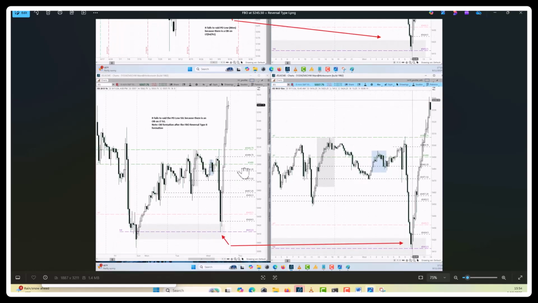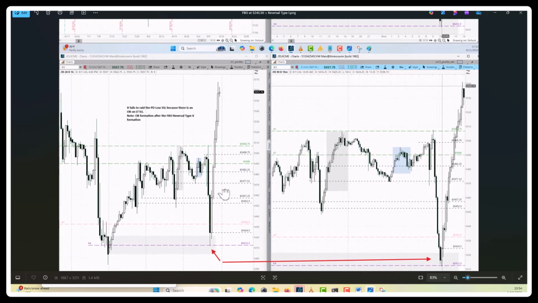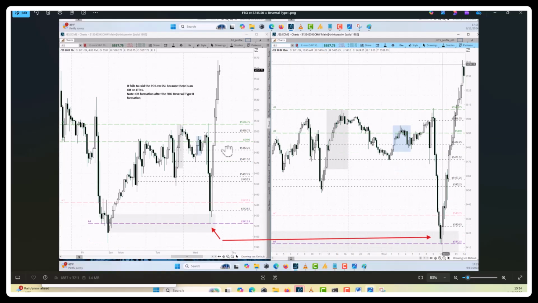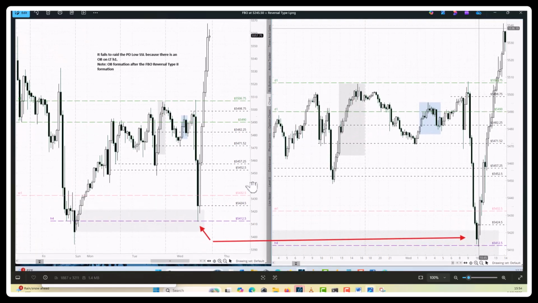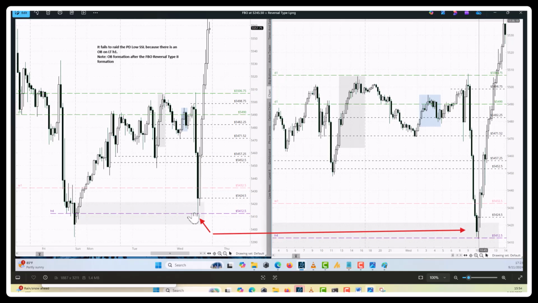Yeah, here's the 1 hour, right? So for the last raid, it doesn't have to raid this low. If you look right here, you can see the failure gap at that level. As soon as it breaks down to that level, it reverses right away.